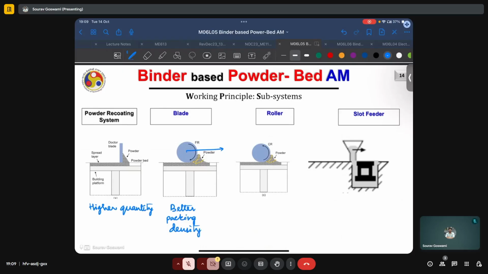Whereas if the sense of rotation is opposite to the direction of translation of the roller, there is better flowability of the powder. Irrespective of the sense of rotation, roller type of recoating systems tend to have more uniform distribution or better spreading of the powder layer compared to blade-like systems. Of course, in certain situations, the slot feeder may also be preferable.